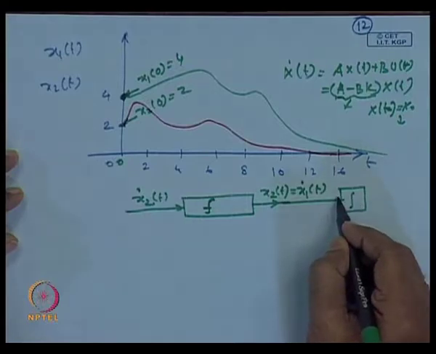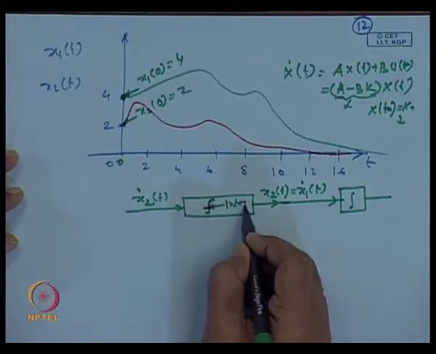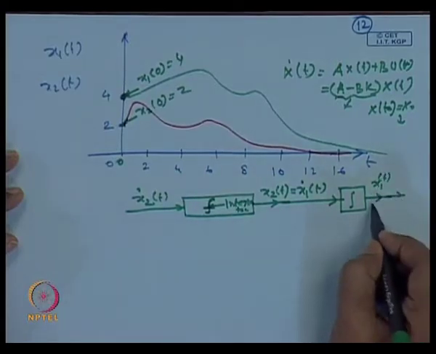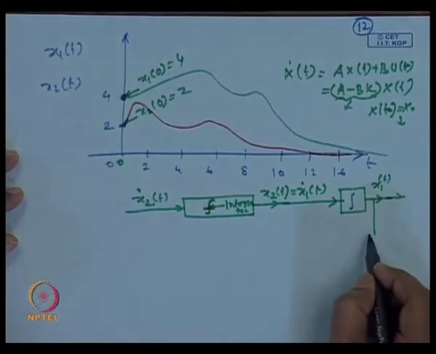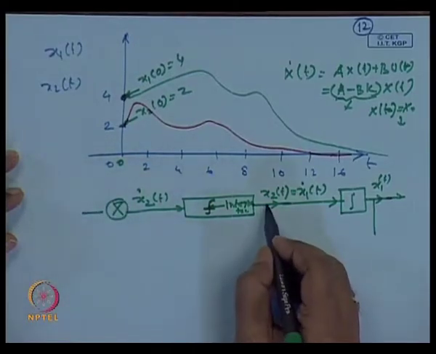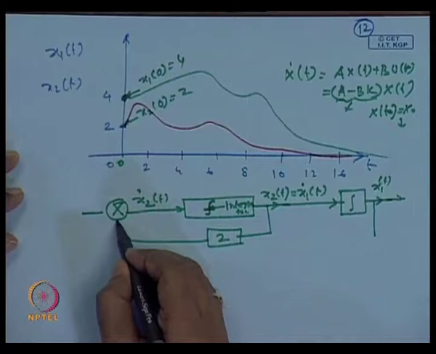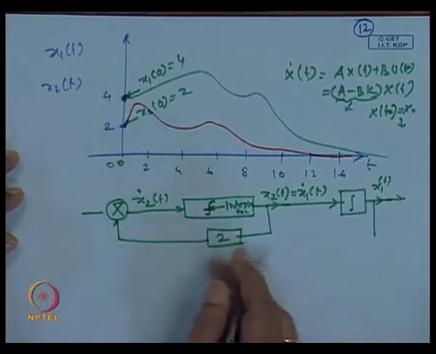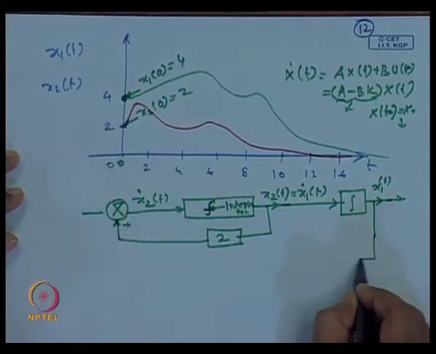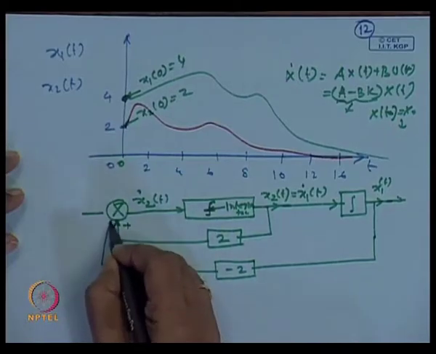The output of this integrator is x 1 of t, and this output is going to the minus, and this is the summer. And x 2 is multiplied by gain 2, you can realize this one as an amplifier, this is the plus, and this state information is minus 2.